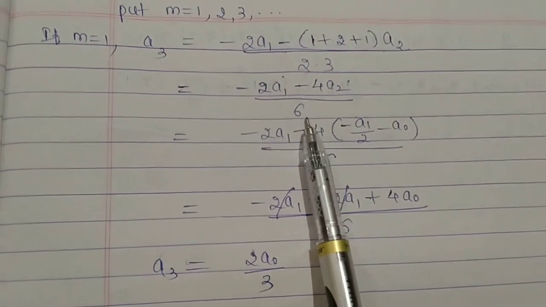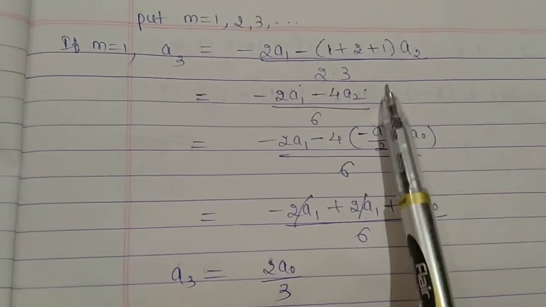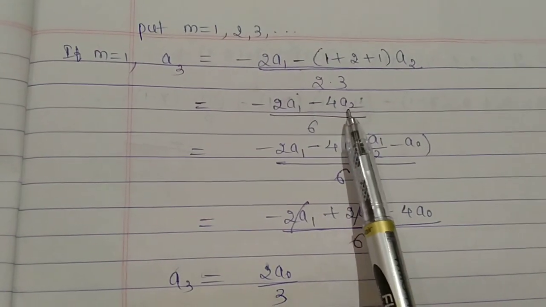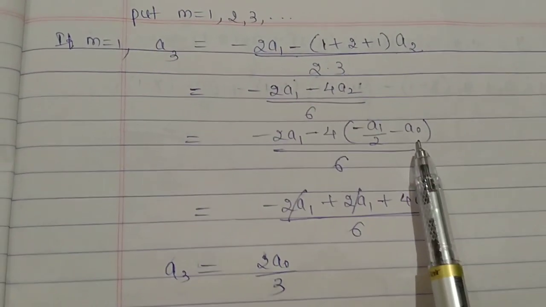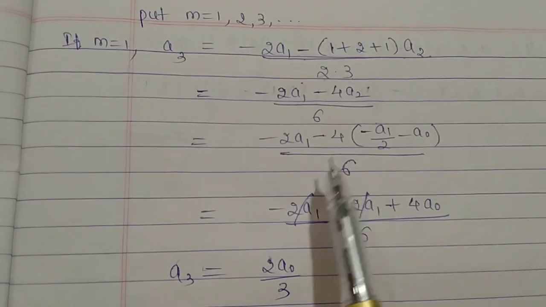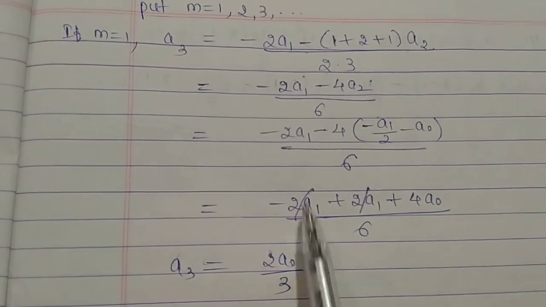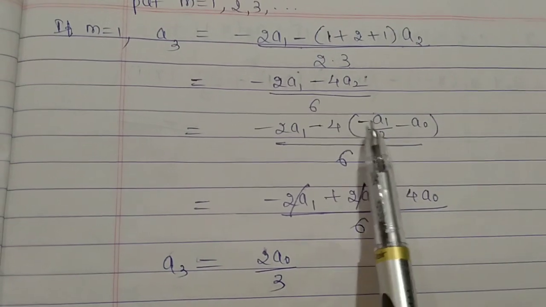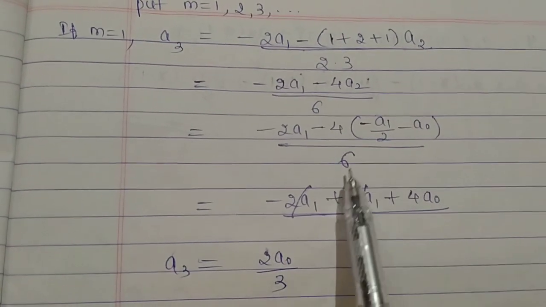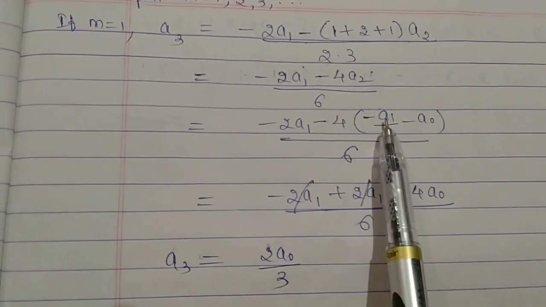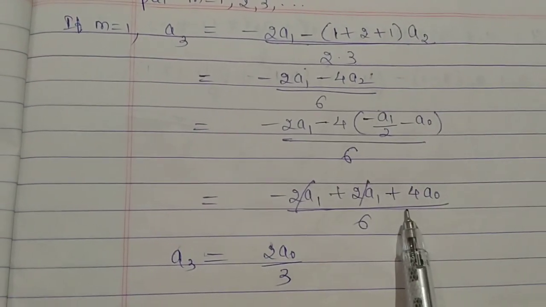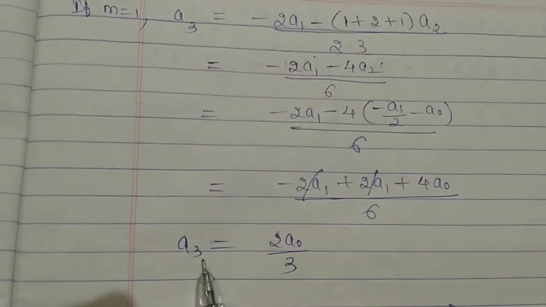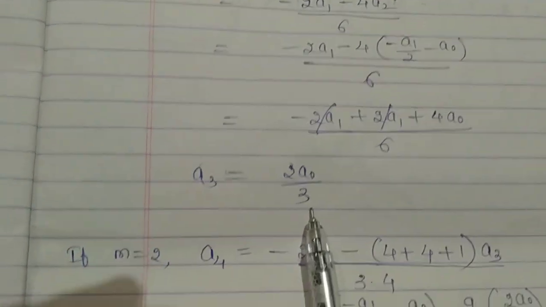After simplifying, what is my a2 value? We have the value of a2, that is -a1/2 - a0. After simplifying this, I keep -2a1 as it is, and multiplying these, minus into minus gives plus, 4a1 divided by 2 will be 2a1, and this is plus 4a0, divided by 6. So my a3 is 2a0 divided by 3.